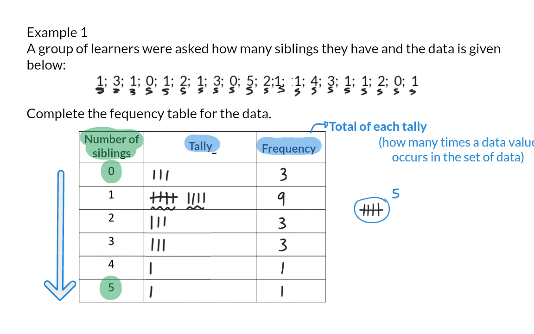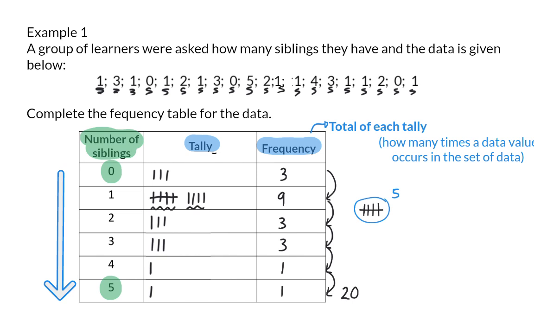And if we now get the total of our frequency column, we know exactly how many learners formed part of the data. So here we have 3 plus 9 is 12, plus 3 is 15, plus another 3 is 18, plus 1 is 19, and another 1 is 20. So that means that 20 learners were asked this question.